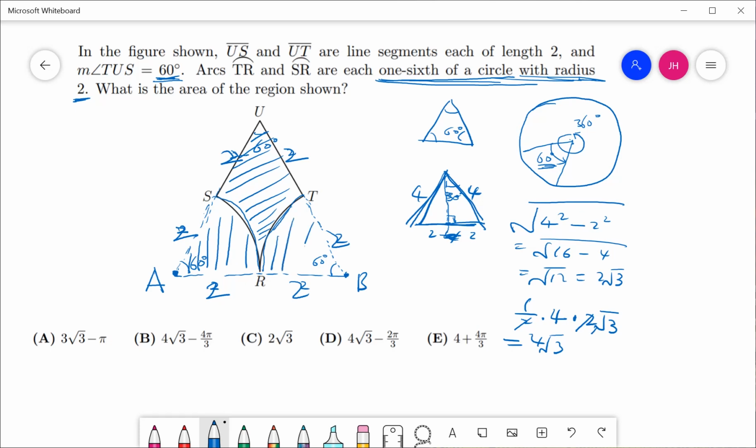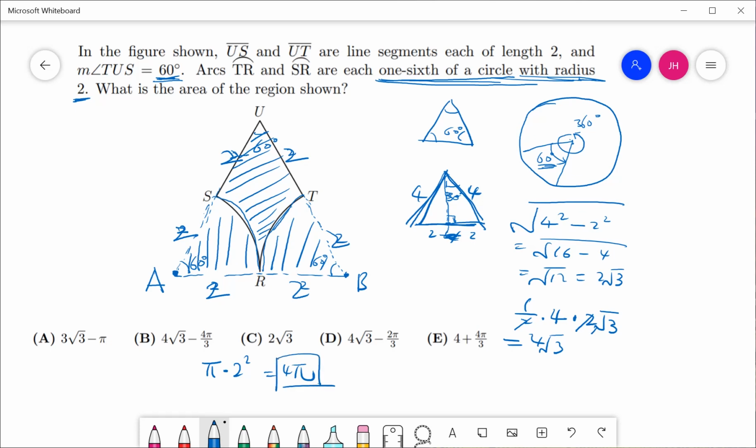What is the area for a full circle with radius 2? The area will be pi times r squared, that's 2 squared, so that's 4 pi, right? And then we have two 1/6 of a circle. We add them up, that's 1/3 of a circle. So that'll be a third of this number.